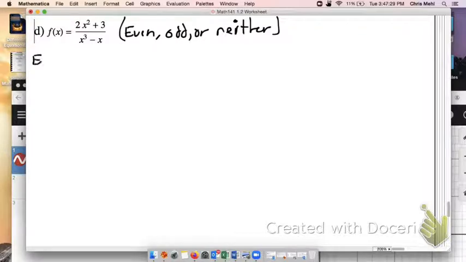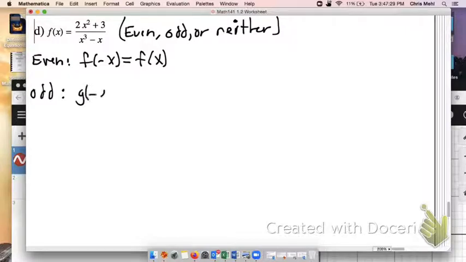And again, just another reminder, even functions have what property? F of minus x equals f of x, or g, or h, whatever the name of the function is. Make sure you're using the right letters, right? If I'm working with g of x, I should be using g. Right? An odd function has what property? Again, letter doesn't matter. If the function's g, it should be g of minus x equals negative g of x. So for my function, I'm going to compute three things.